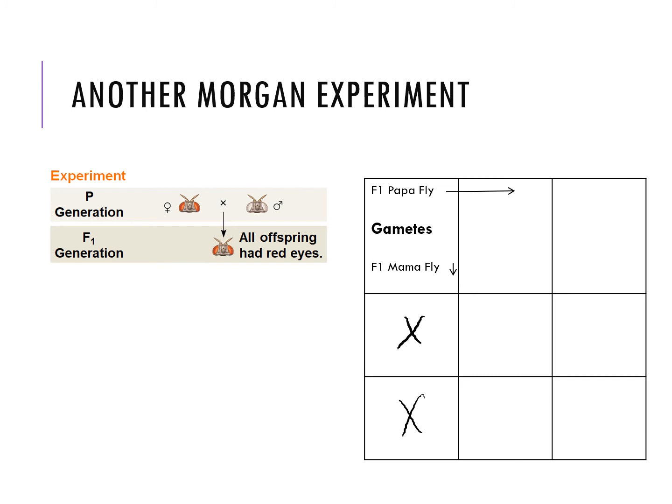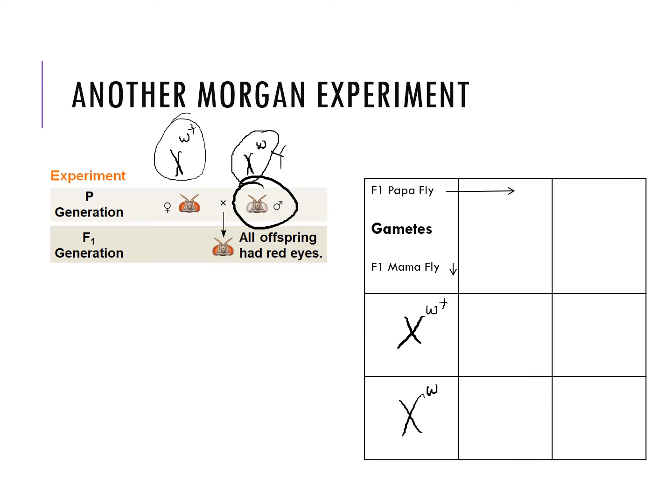From our Punnett square last time, we learned that mom is going to be XW+ and XW because she inherits an X chromosome from dad, who was X mutant Y. So this female could only inherit this XW from dad and the XW+ from mom.